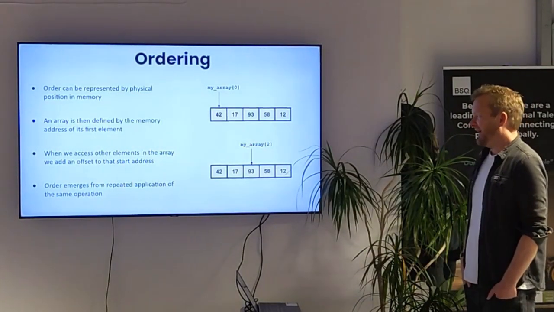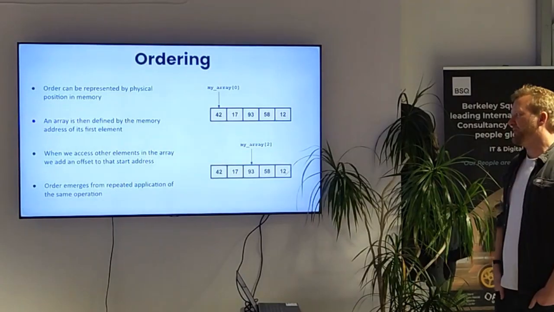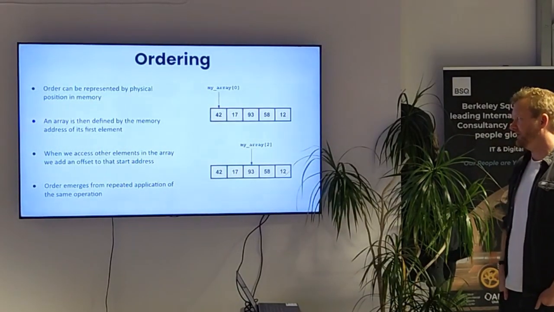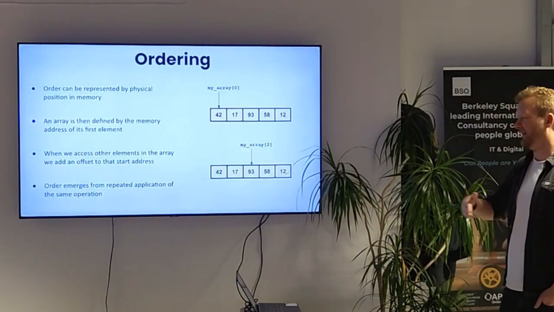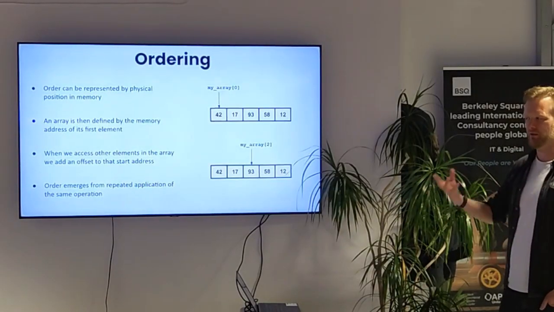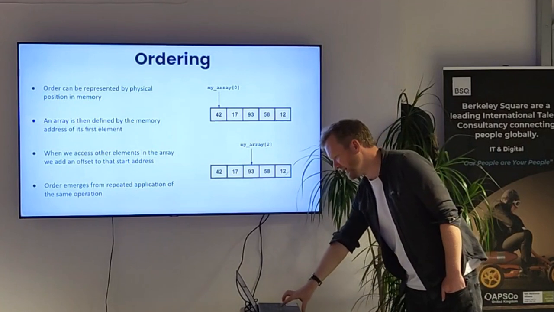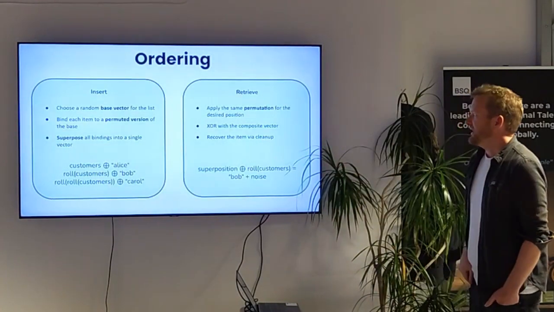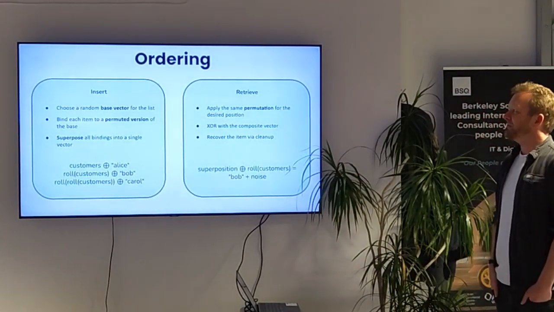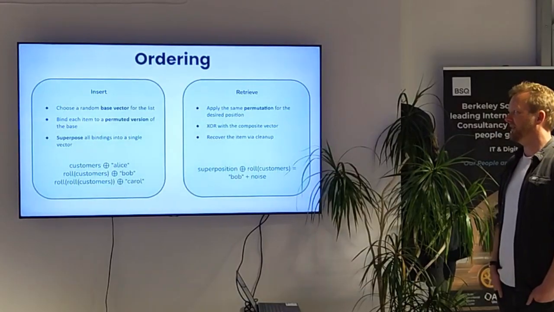Generally speaking, stepping back for a second, the order here is emerging from the repeated application of an operation. We're just saying add 2 things, add 4 things, add 5 things. It's just an operation that we're applying, which happens to be addition in this case. And we can use that concept in our VSA. So we choose a random base vector, which represents the list.